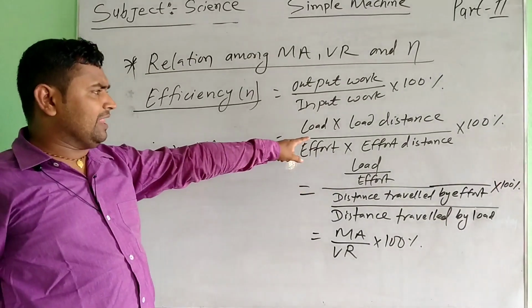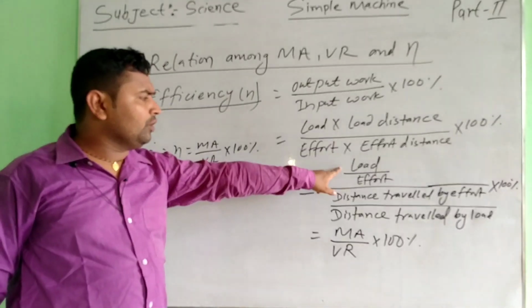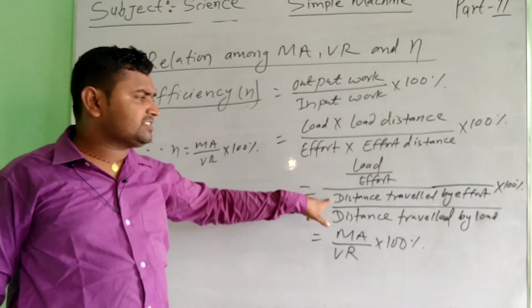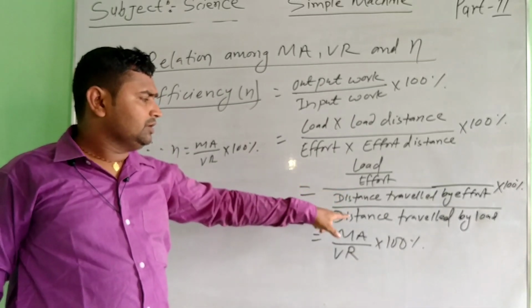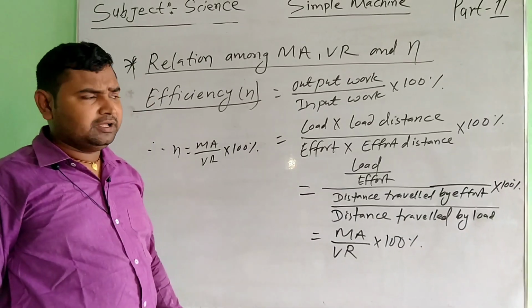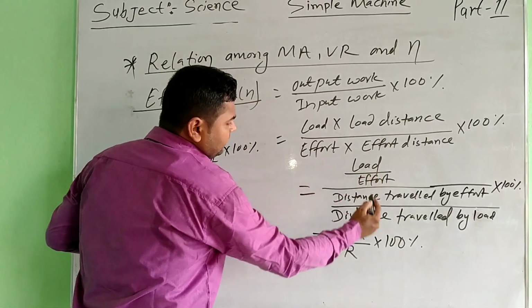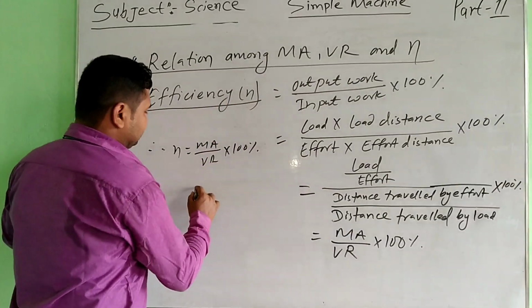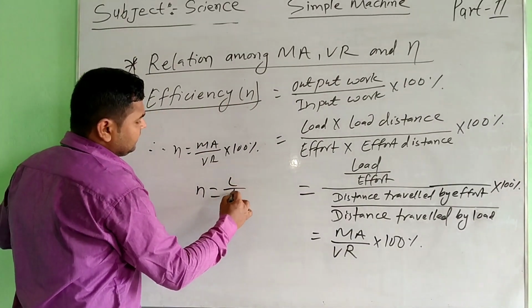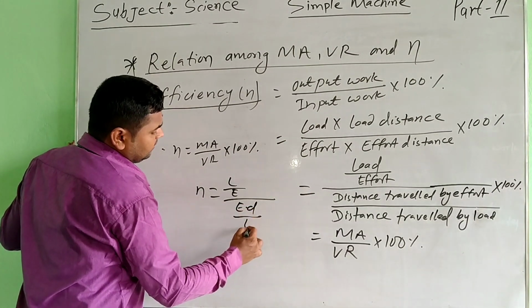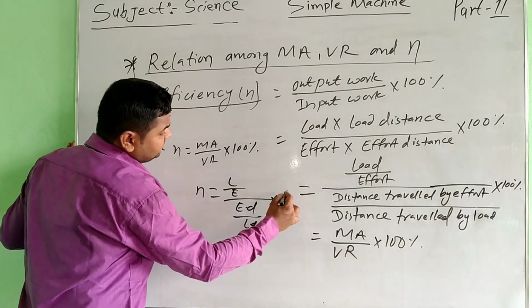When you calculate it, you get load by effort divided by load distance by effort distance, that is L by E by ED by LD, into 100%.